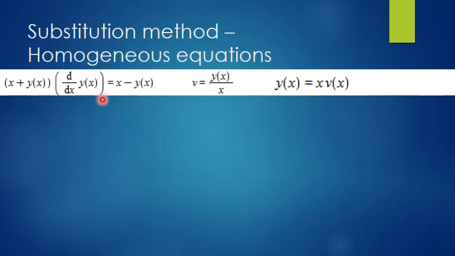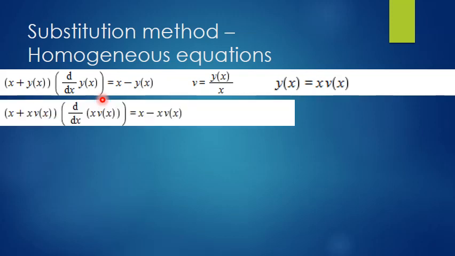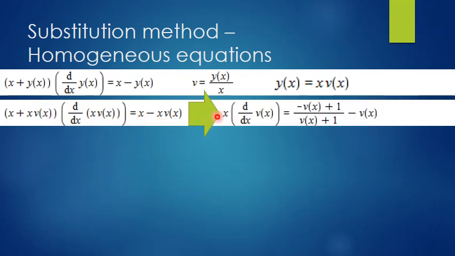So by definition of our substitution, y is equal to this. So what we have to do is plug it back in and then do all the calculus. You're going to have to take the derivative here and do some algebra to rearrange it. And if you do that, you can rearrange it into this expression.